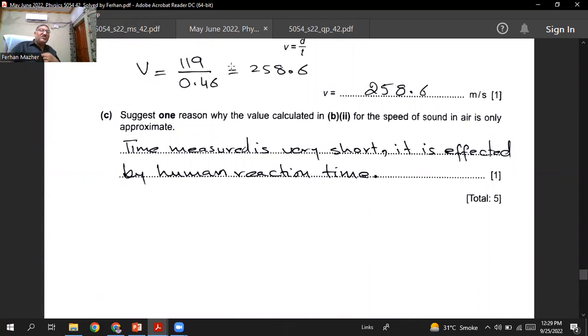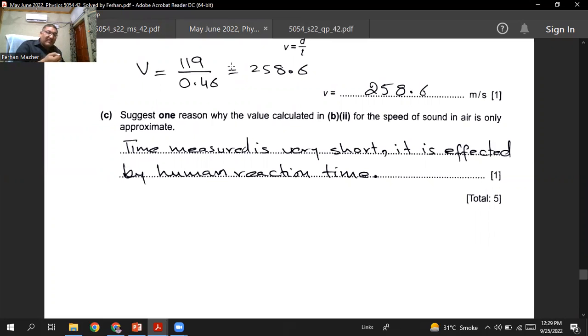So it is almost equal to the human reaction time. So when you are trying to measure such a small time interval, the human reaction time will affect that value because the time which you are measuring is very short.